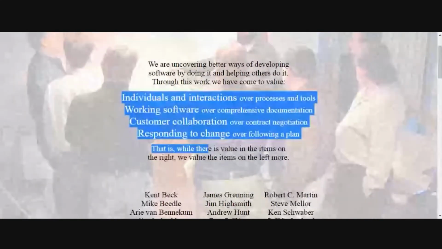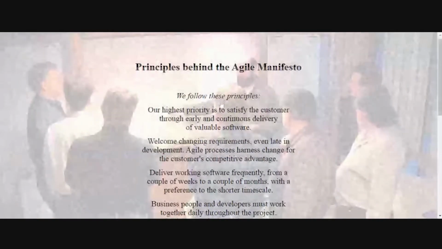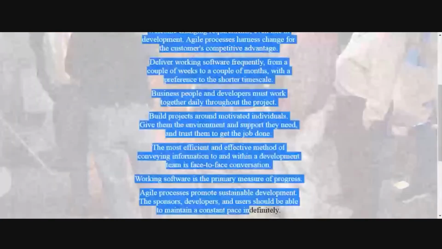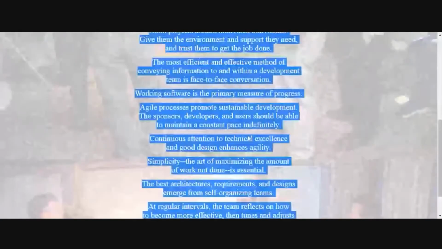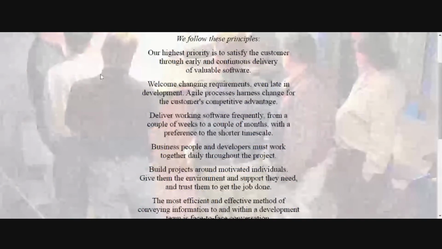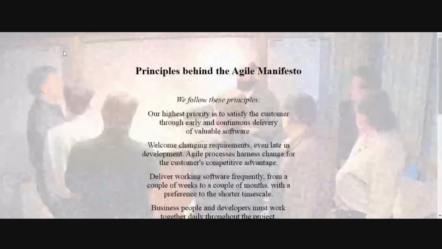They provide the manifesto core values. After that, there are principles on which this agile methodology is based, the principles that they focus on. This is some information you can go through from this website.